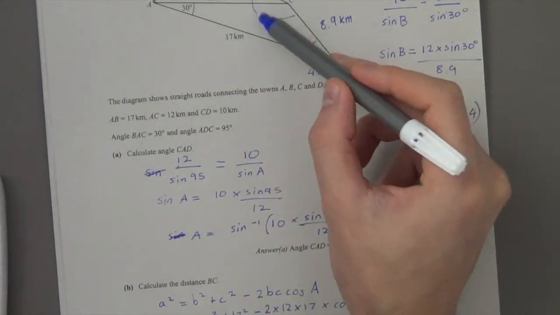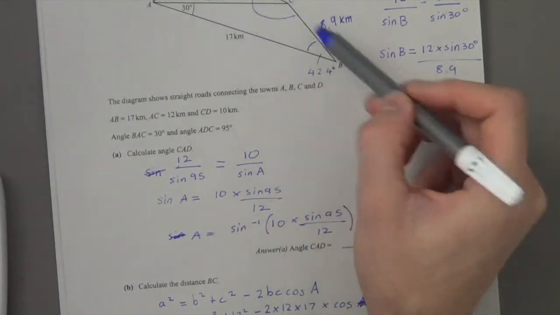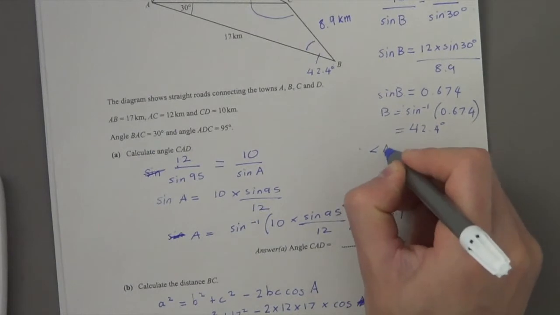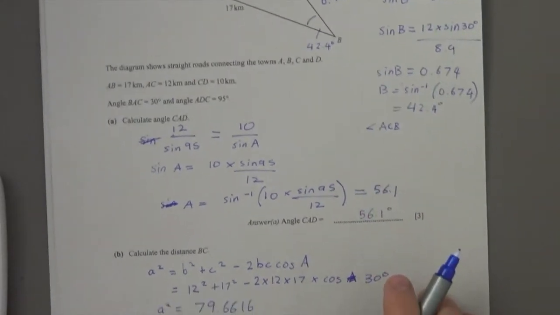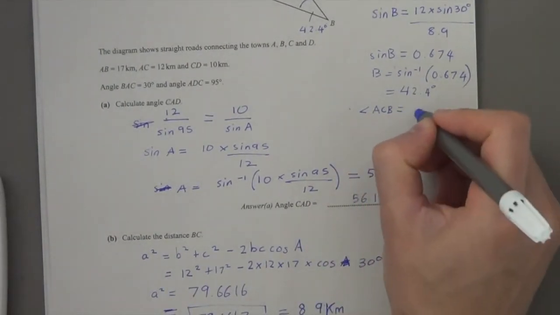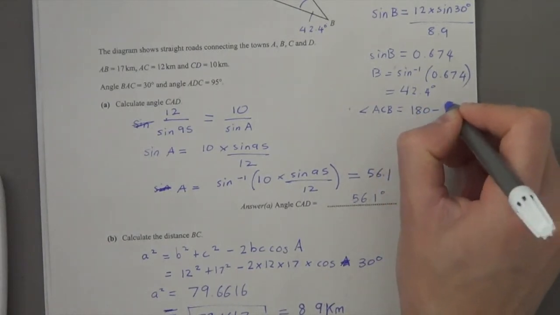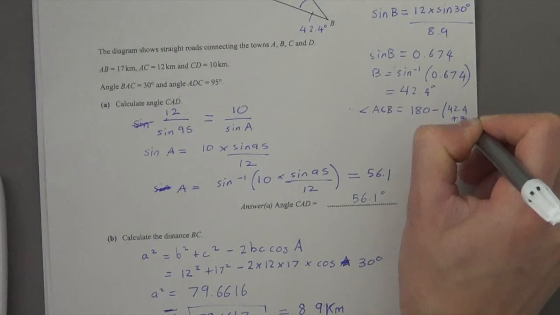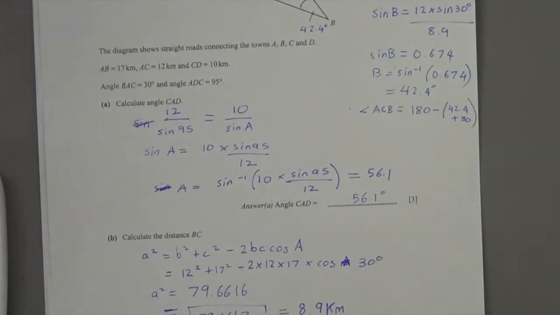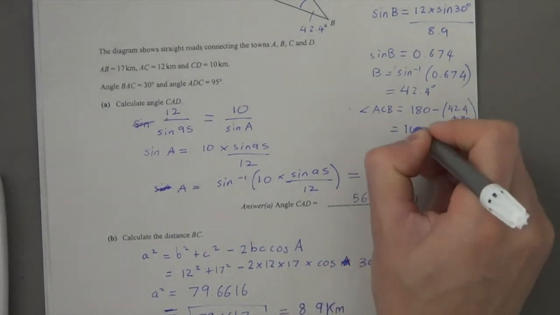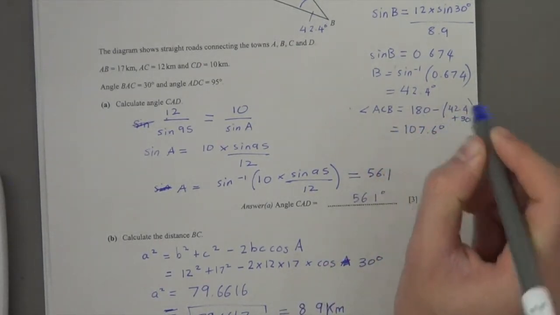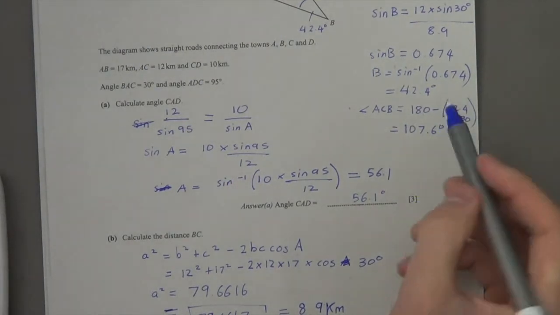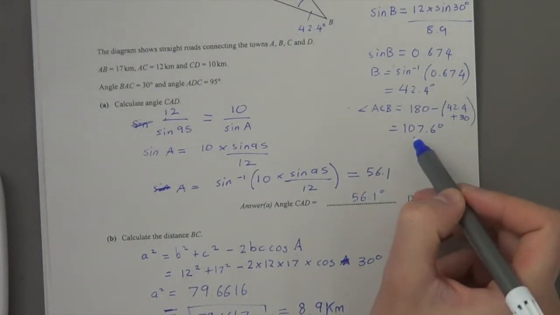Now I can work out what this angle here is, angle ACB. Angle ACB is going to be 180 minus 42.4 plus 30 from there, so it gives me 107.6 degrees.